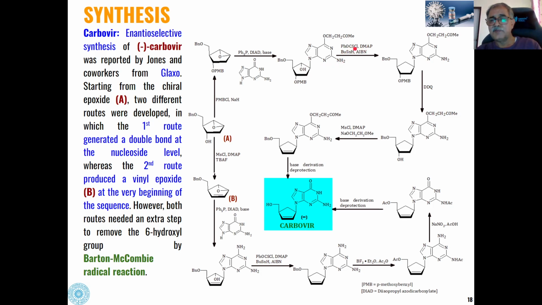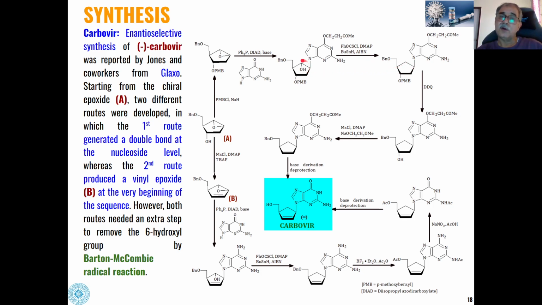So first this will be converted into the corresponding ester, and then that ester in presence of tributyltin hydride through a free radical reaction will convert this into alkane.